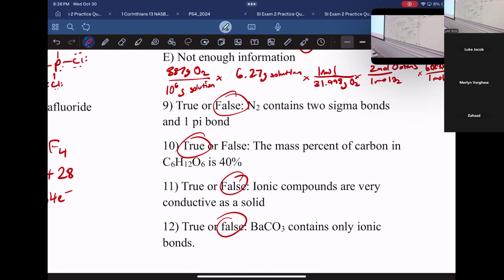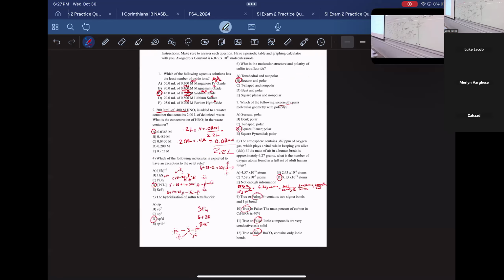So this is true, 40%. Ionic compound conductive as a solid, that's false. They're only conductive as a liquid or as a solution, aqueous, free flowing. And this is false. Barium carbonate, right? Carbonate has covalent bonds in it. So ionic and covalent.